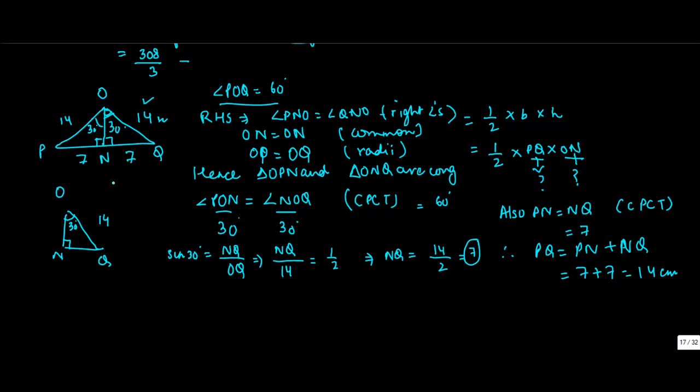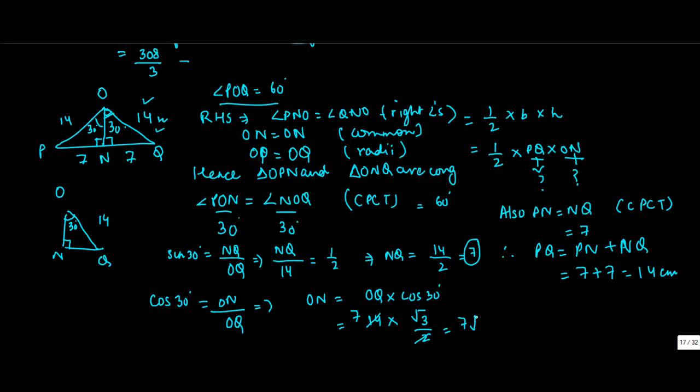Now what is ON? The relationship between ON and OQ is cos. So cos 30 degree is equal to ON upon OQ. So ON is equal to OQ into cos 30 degree. OQ we know is 14. What's the value of cos 30 degree? That's root 3 by 2. So this knocks off 7, so 7 root 3.